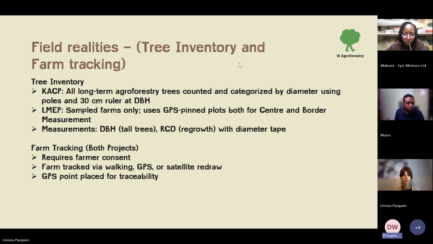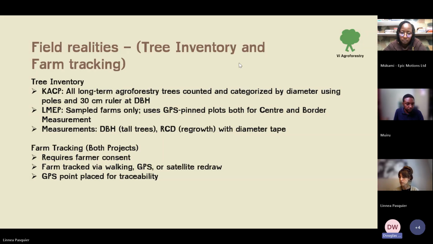However, for Livelihoods Mount Elgon, when it comes to the tree inventory, we have a sample. This sample uses GPS pinned plots for both center and border. So a few farmers are sampled.